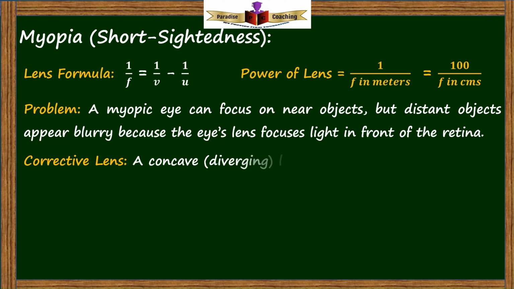Corrective lens. A concave diverging lens shifts the focus back onto the retina.